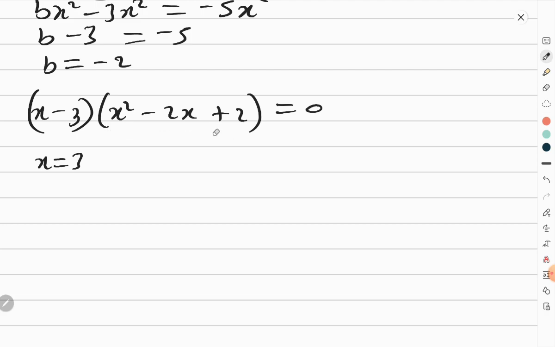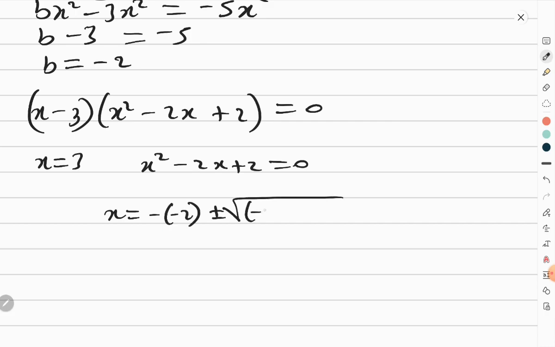Then the other solutions come from x squared minus 2x plus 2 equal to 0. Then x is equal to, using the quadratic formula, negative of b, which is -2, plus or minus the square root of b squared minus 4 times a times c, all divided by 2a.